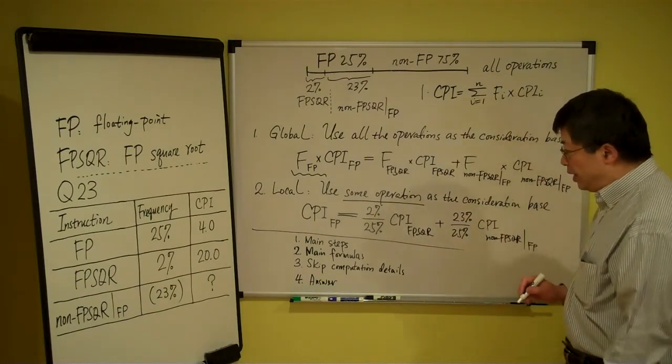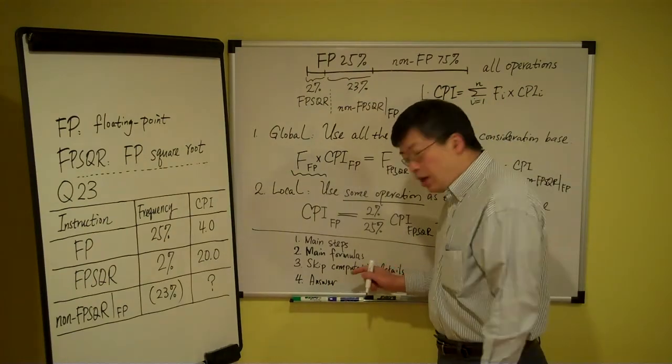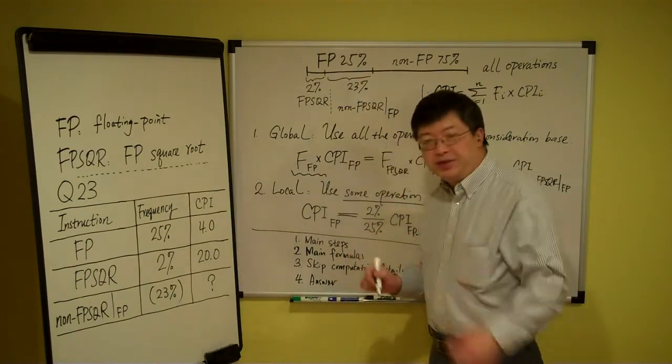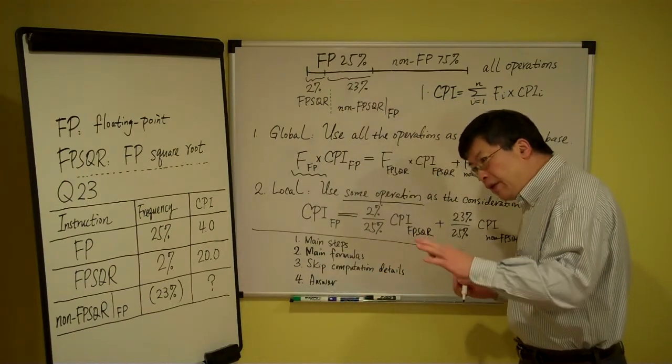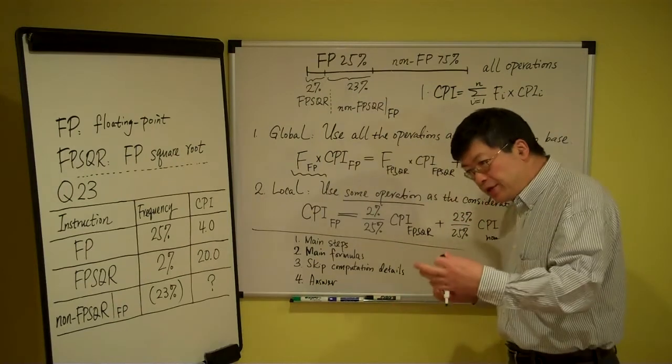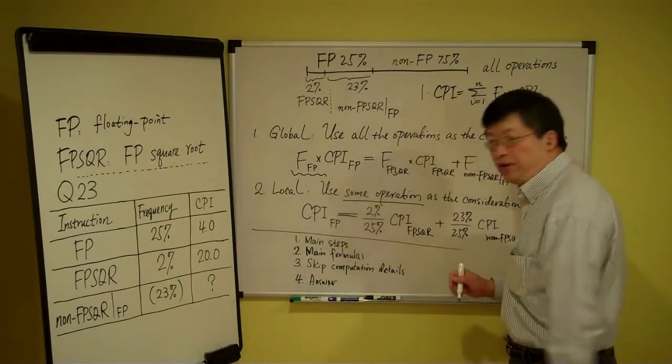But one student asked me, how about you just give a final answer? If you want to do that, there is a risk. The risk is if your answer is wrong, then you will lose all the points.